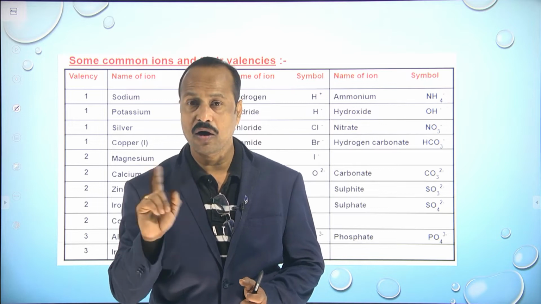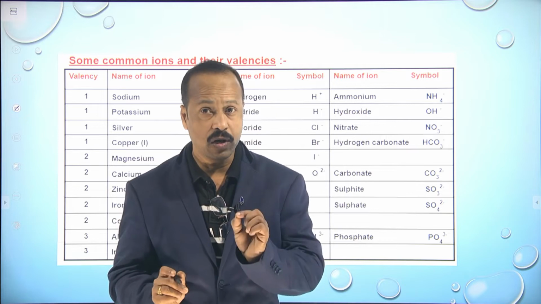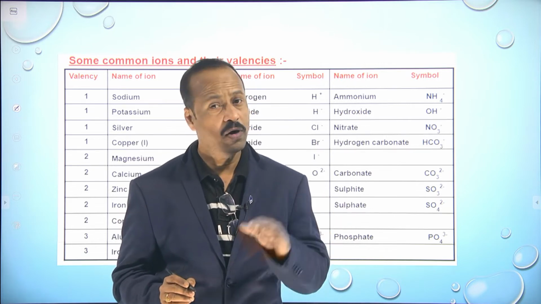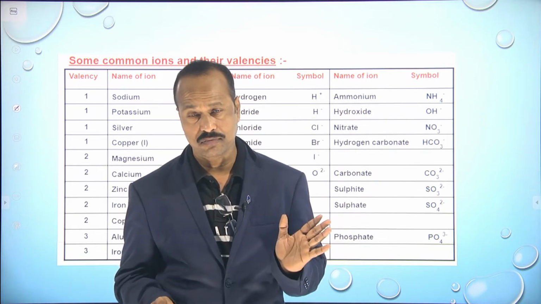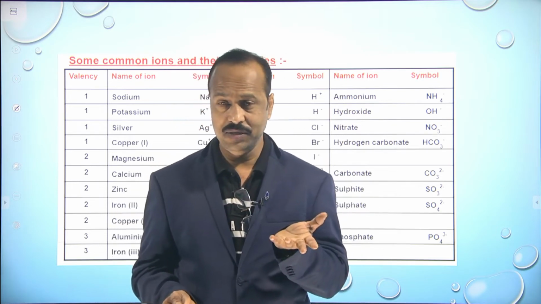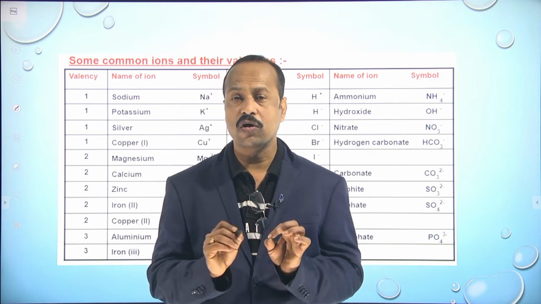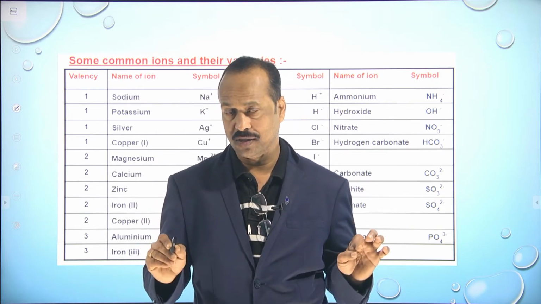So they are called polyatomic ions. Poly means many, two or more. Atomic means atoms with a charge, either positive or negative. So they are called polyatomic ions.